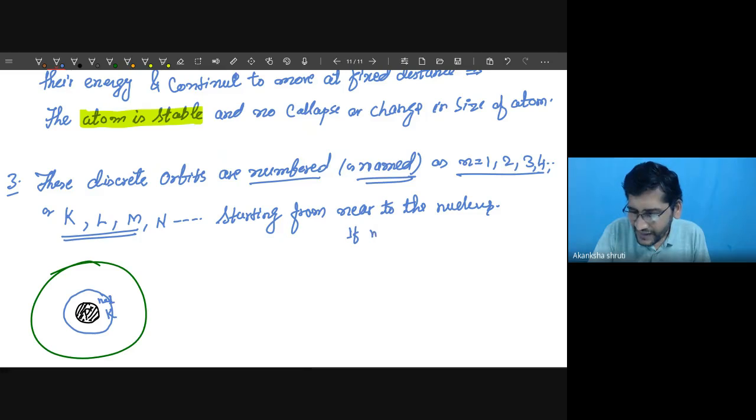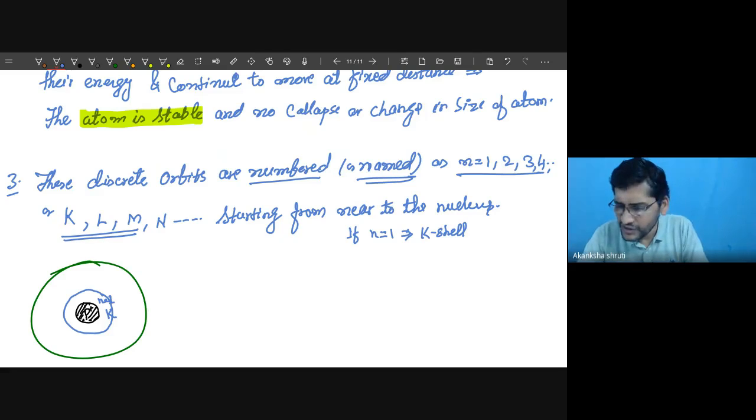If n is equal to 1, it is called the K shell or K orbit. Okay, student? So this is the very first orbit, which is nearest to the nucleus.